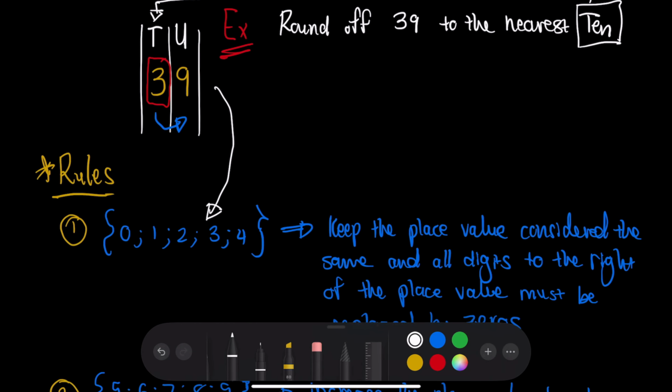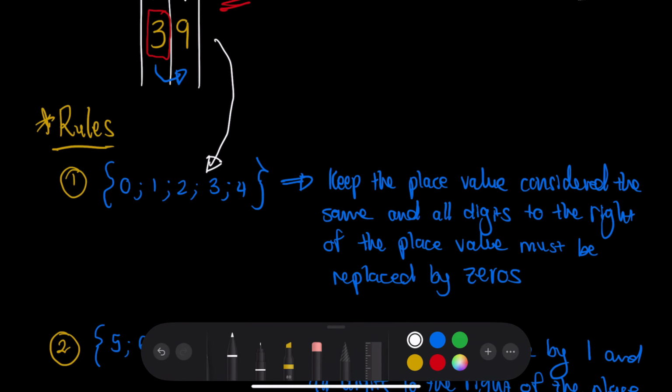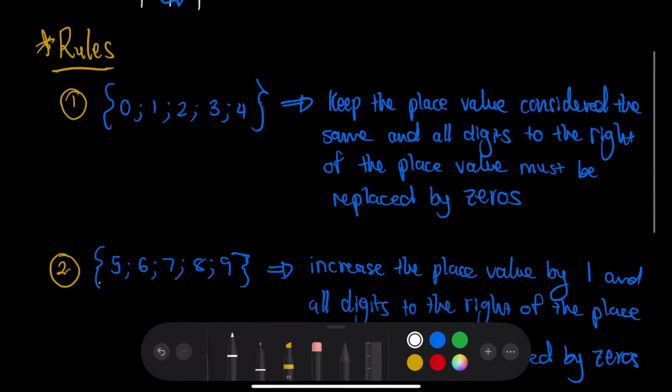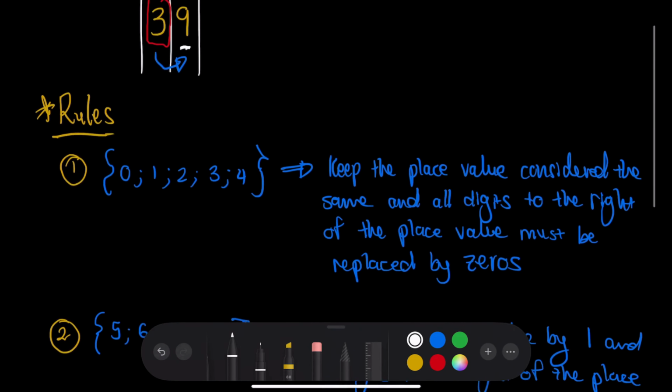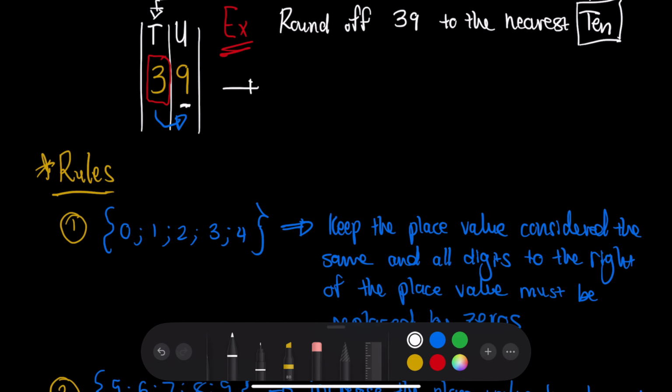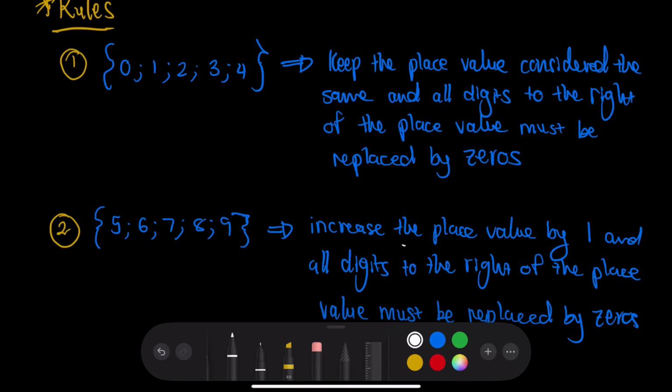I can see that this number 9 forms part of the numbers 5 to 9. What does this mean? I must keep this 3 and increase it by 1, as this rule says I must increase the value by 1 if the digit to the right of the place value is between these numbers.